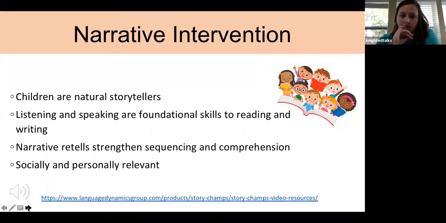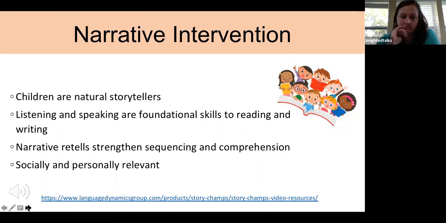So story grammar is like what happened in the story, the setting, the characters. They're learning all of that as they're putting together their own stories. So please ensure that you are giving students adequate time to create their own stories if possible, or listen to you tell or create stories and allow them to retell.